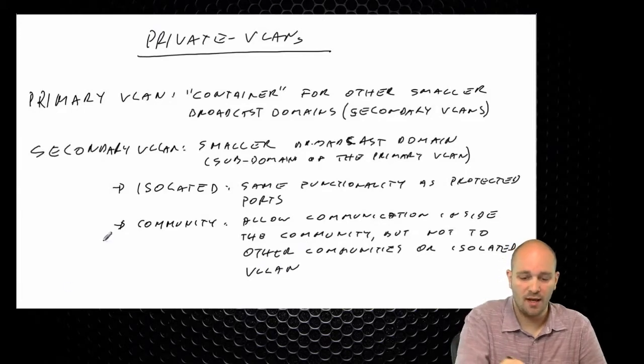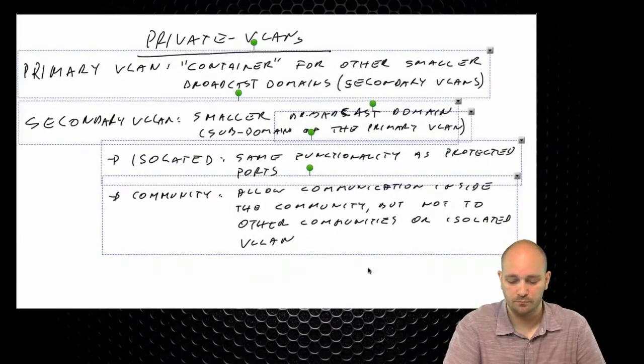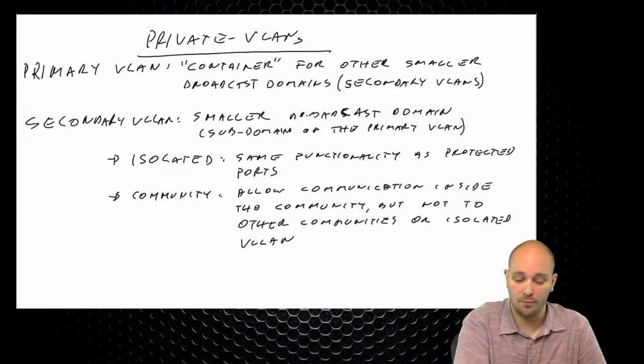And finally, we have something that is called a promiscuous port. So let me just move this up a little bit. We have not a promiscuous VLAN, but promiscuous ports.